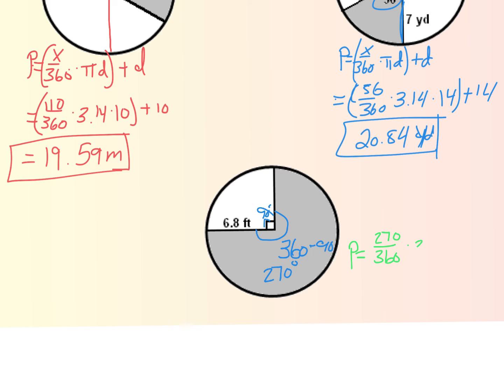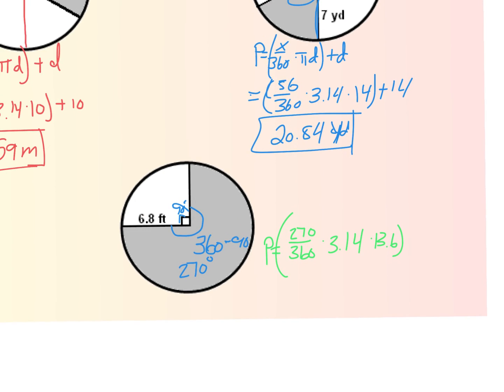times pi, which is 3.14, times your diameter. So remember, your diameter is twice your radius, so 6.8 times 2, or 13.6. And then at the end there, we're going to add our diameter, so add 13.6 at the end.